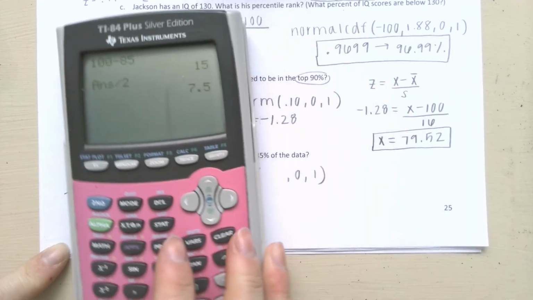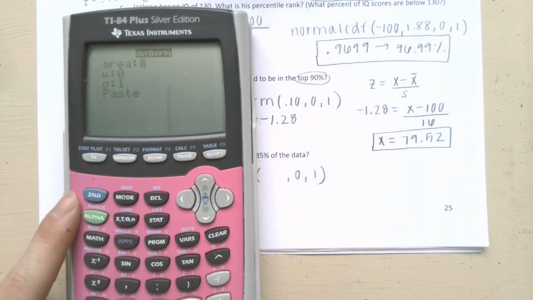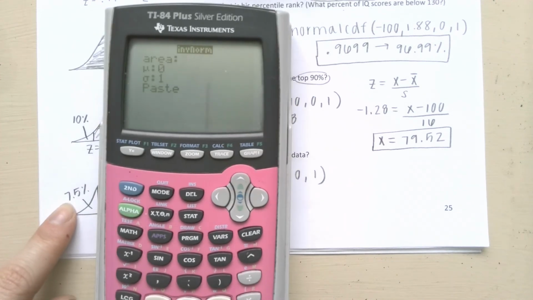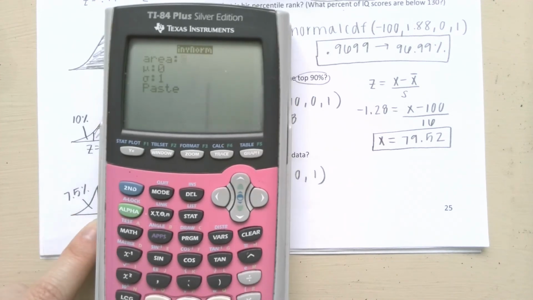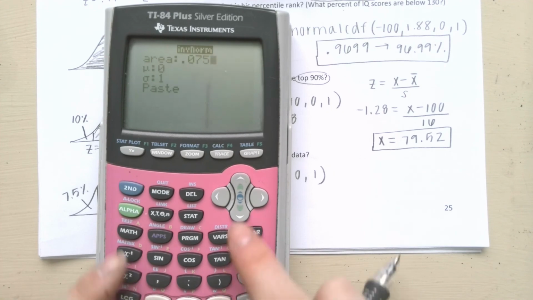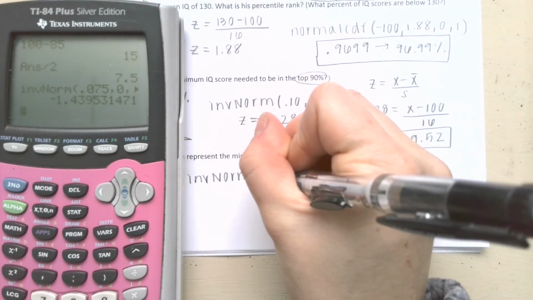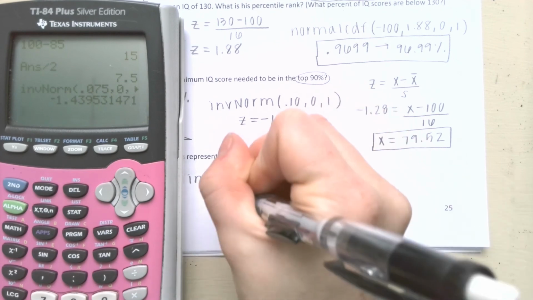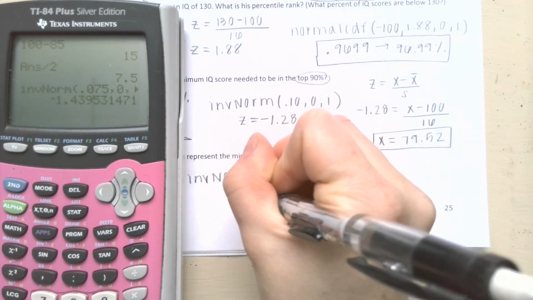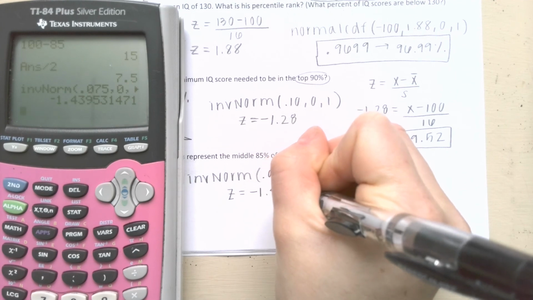So when I go to my inverse norm, I'm going to type in the 7.5% that's on the left. So 0.075. Which gives me a z-score of negative 1.44.